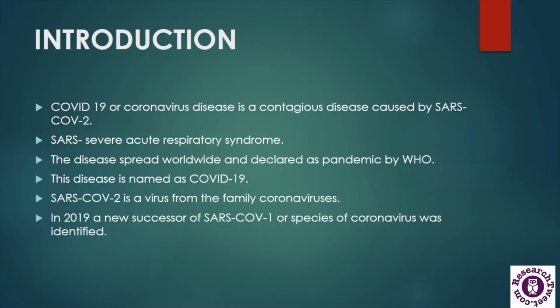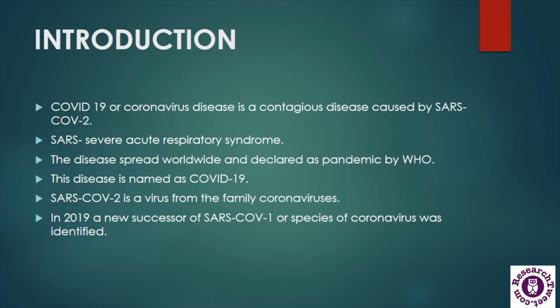Now this disease outbreak is found in all the countries of the world. The disease was named COVID-19 and is commonly also called coronavirus. It is caused by the virus named SARS-CoV-2, or SARS coronavirus 2, which is also a species from the coronavirus family.